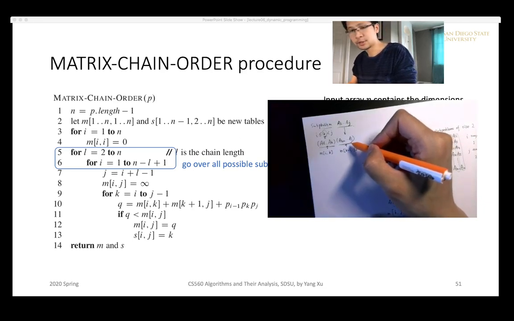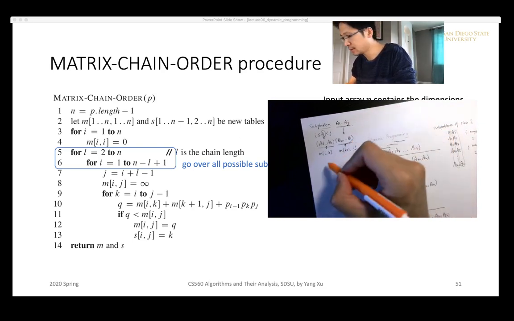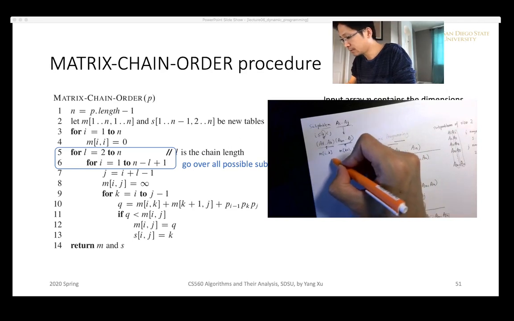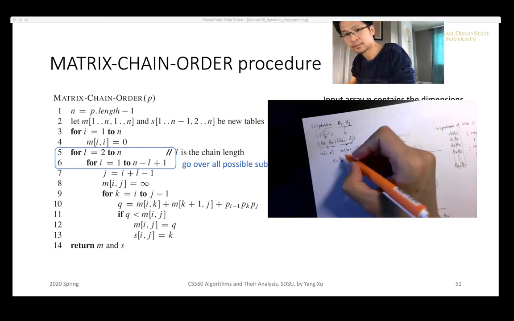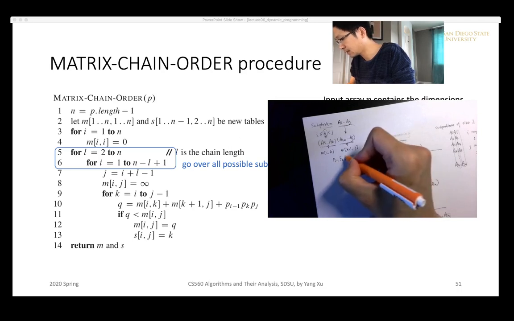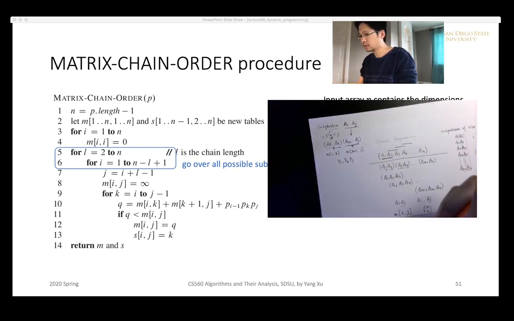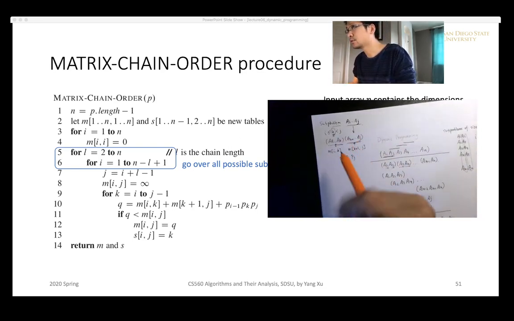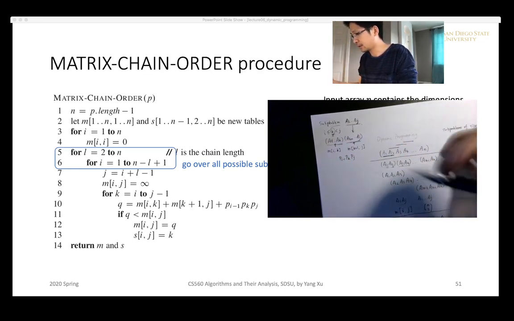And the additional cost of multiplying the two resulting matrices is P(i minus 1) times Pk times Pj. Okay. So we let Q be the summation of all these three parts.